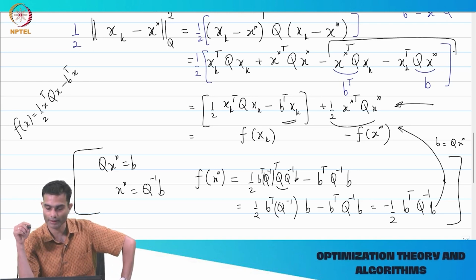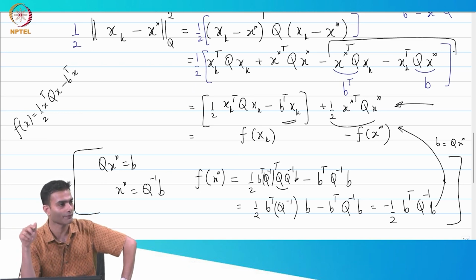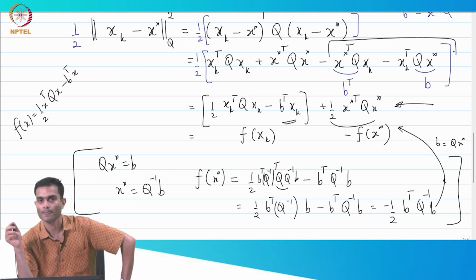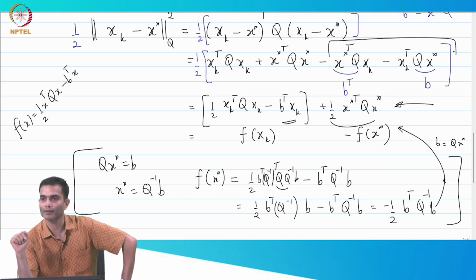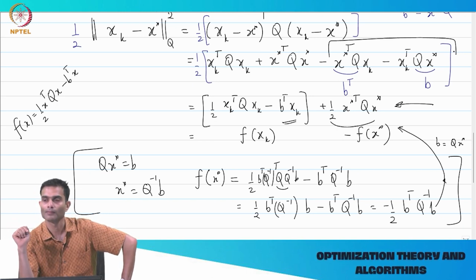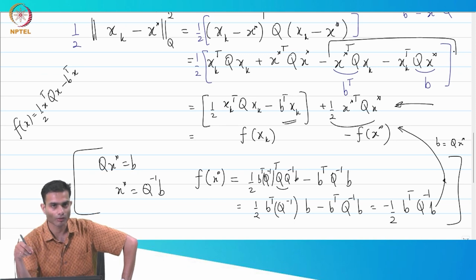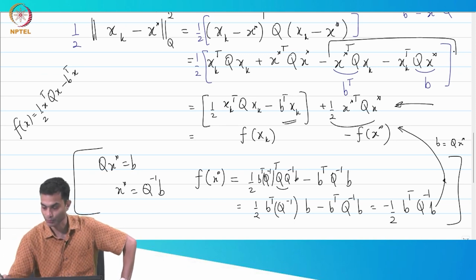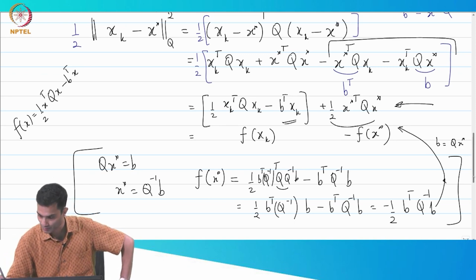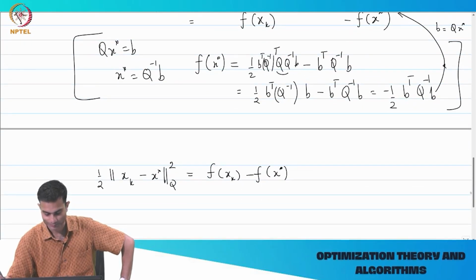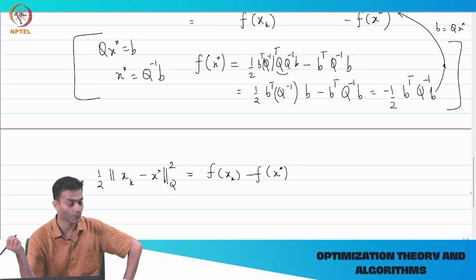So 3 and 4 combined into this, and the second term is what needed a little bit of algebra to see it is actually f of x star. Anyone having trouble in this step? If you write along as you're watching this, it will make more sense. Otherwise, it just looks like a bad movie. Right. So this is what you get.